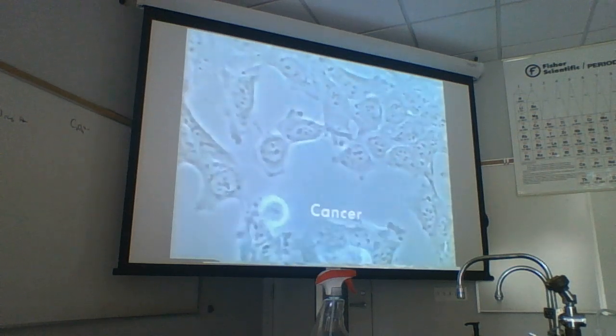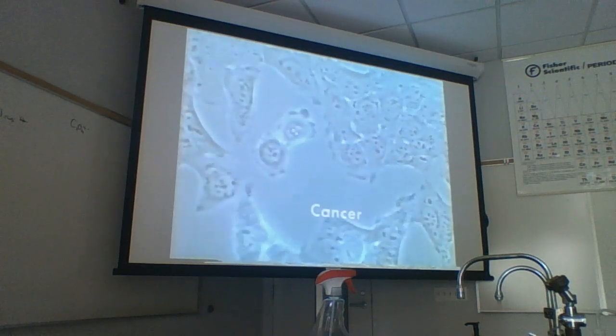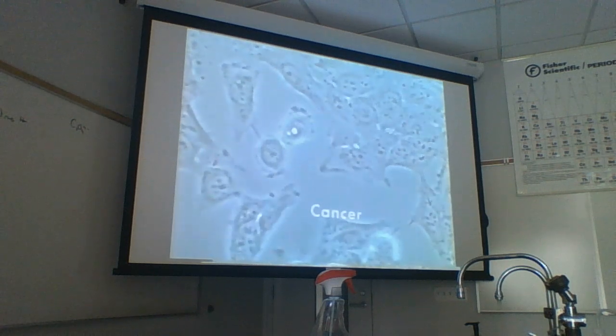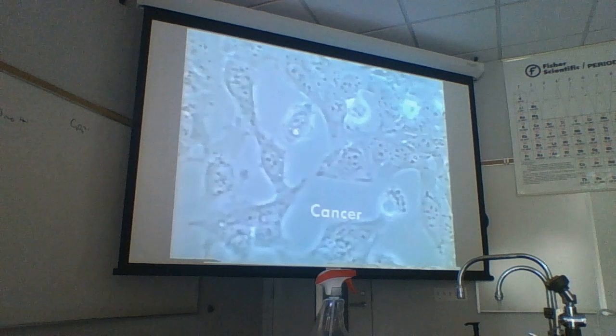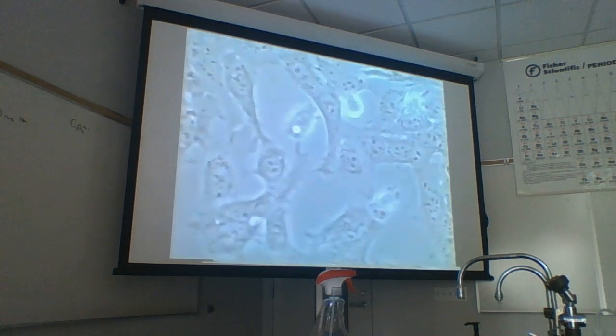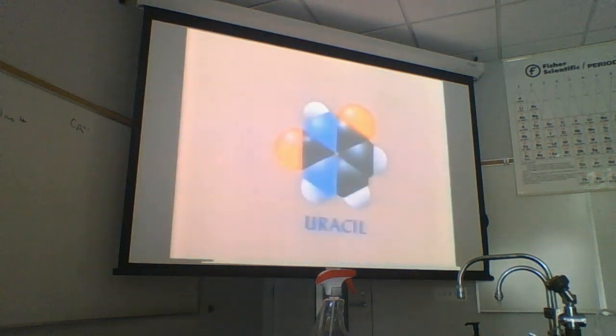One remarkable difference, however, is that the cancer cells grow faster. And another difference is that during the faster growth, the cancer cells use abnormally large amounts of a substance known as uracil.